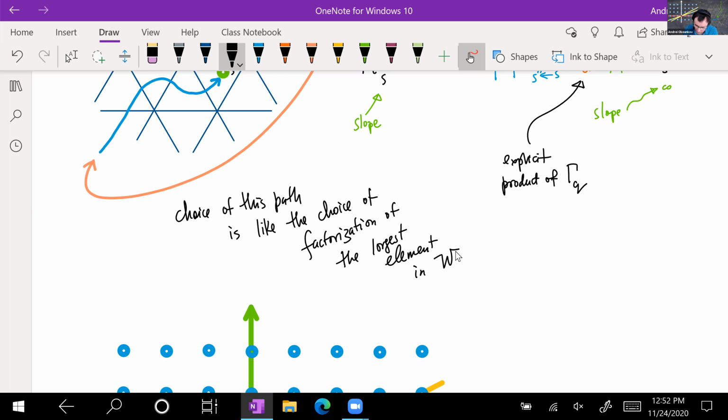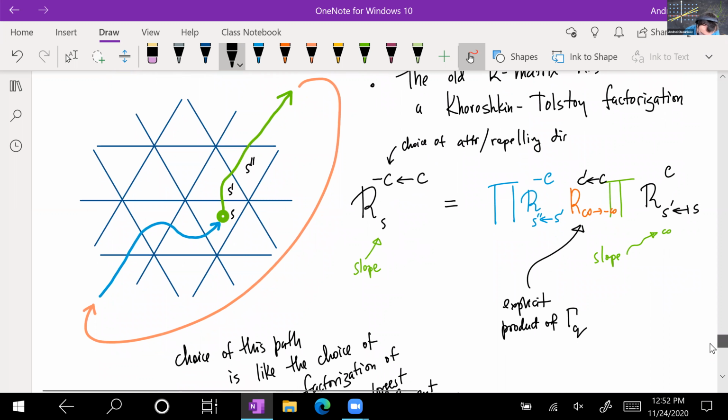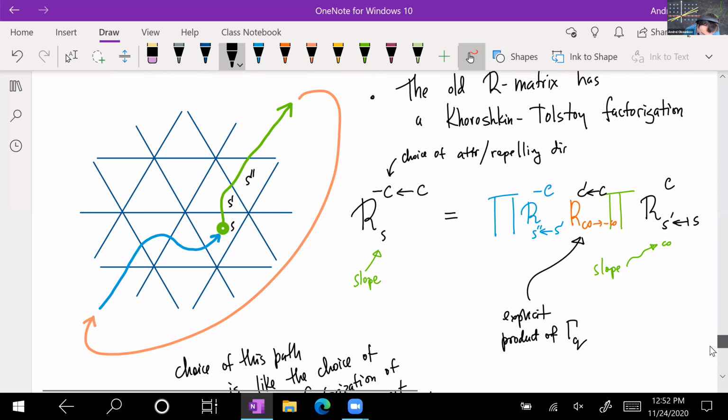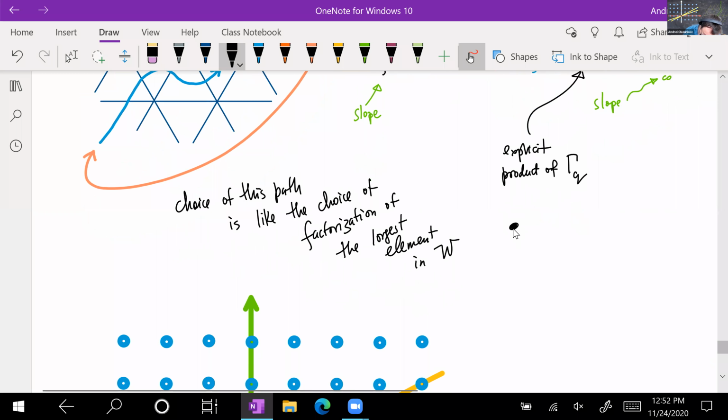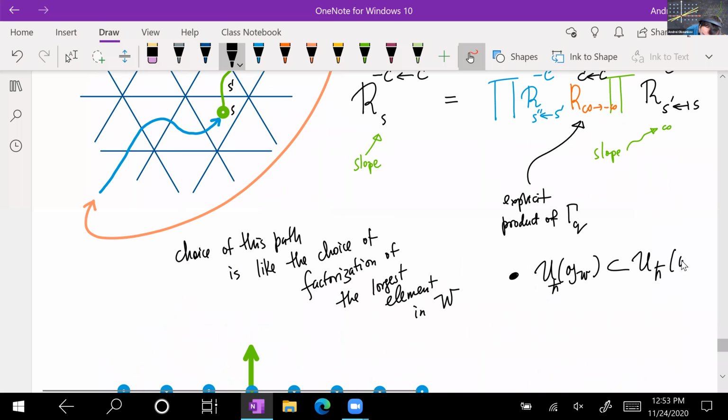And this factorization also means that all of these wall algebras are really subsets in your U_h bar.